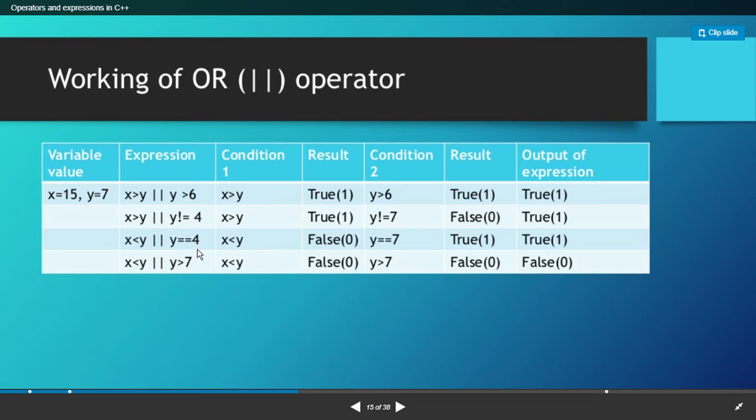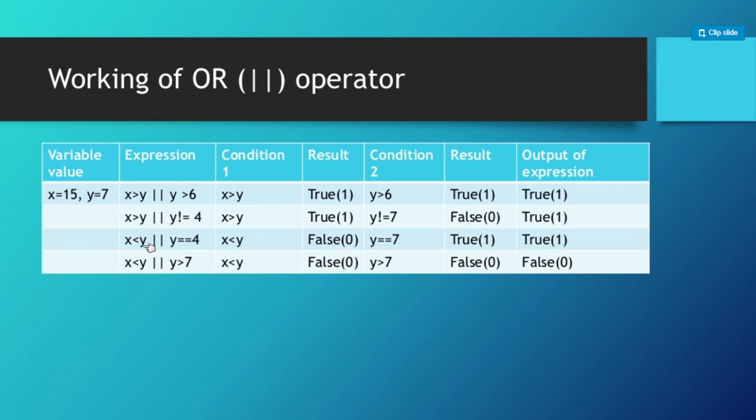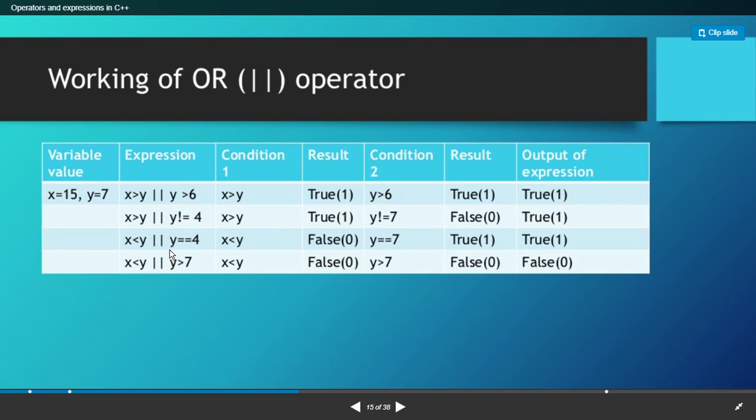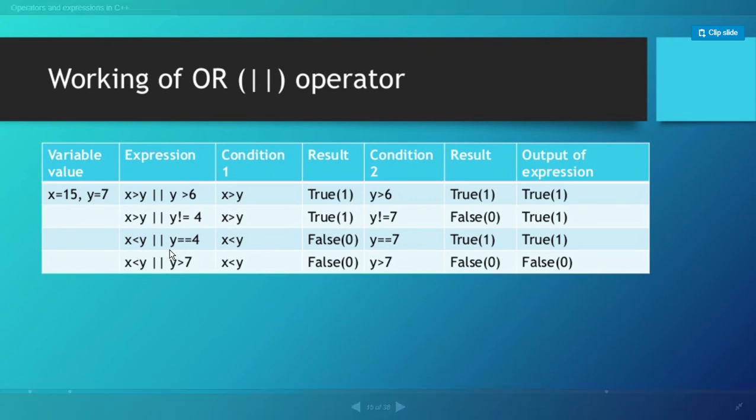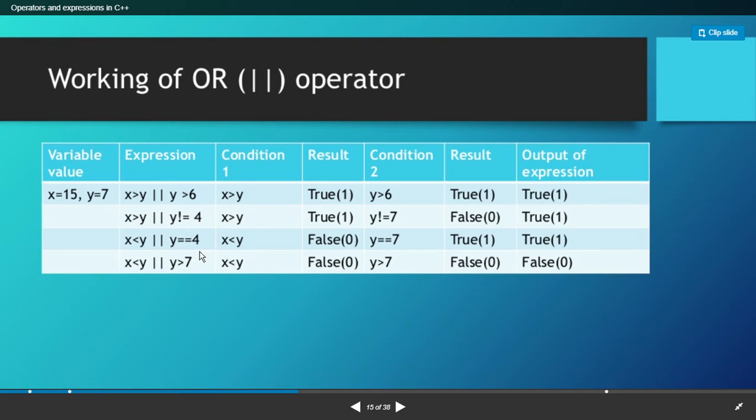There is a printing mistake over here, it should be 7, y is equal to 7. Anyhow, let's continue: x is less than y, logical OR, y is equal to 7. This should not be 4, this should be 7. Please keep that in mind.